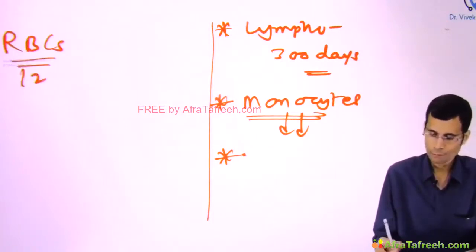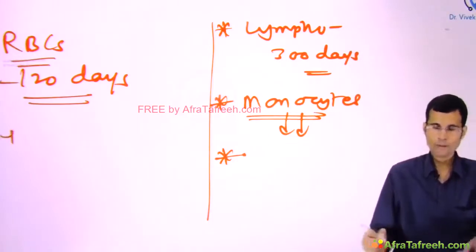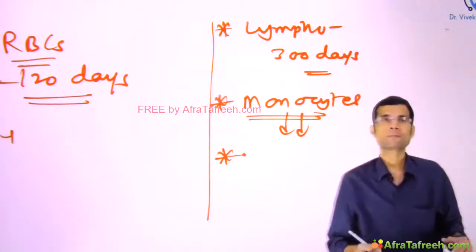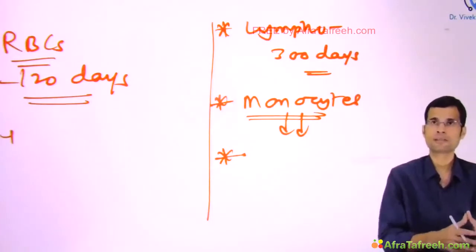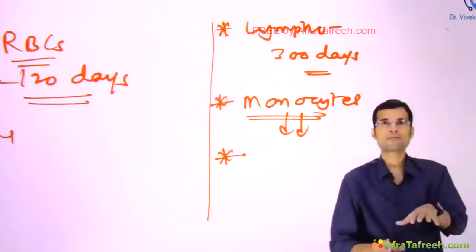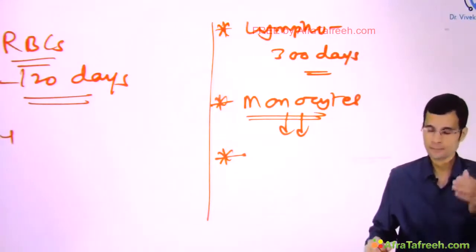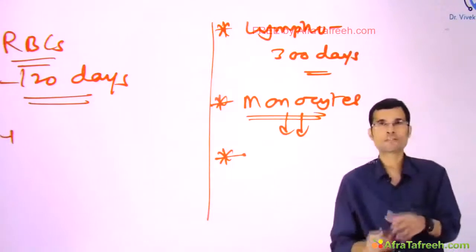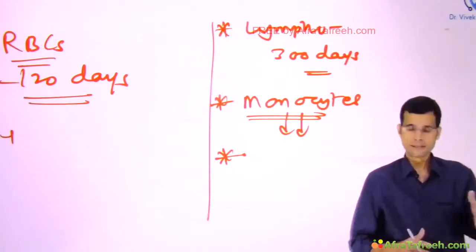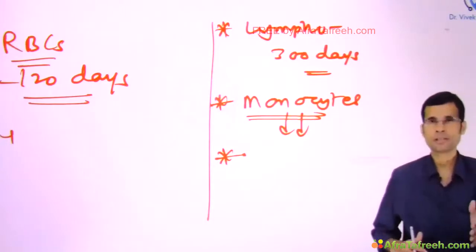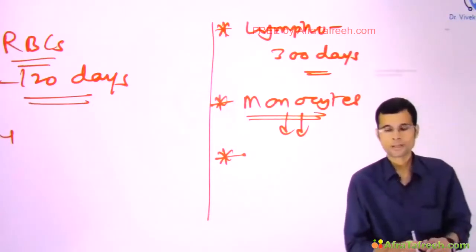RBCs, of course, lifespan of 120 days. What is the lifespan of stored RBCs? What is the half-life of stored RBCs? So lifespan of stored RBCs is about 60 days, and half-life of the stored RBCs, when the blood is stored, is about 28 to 32 days.